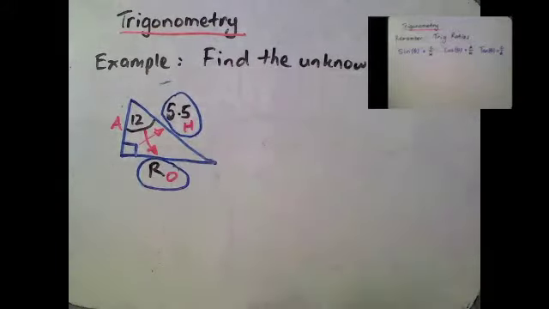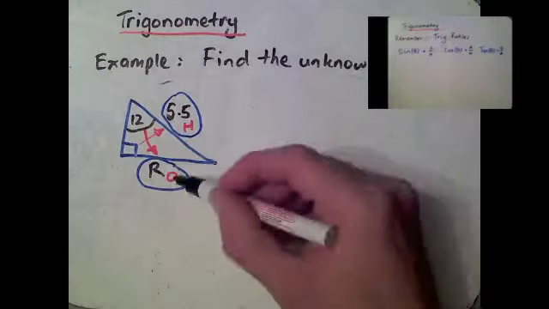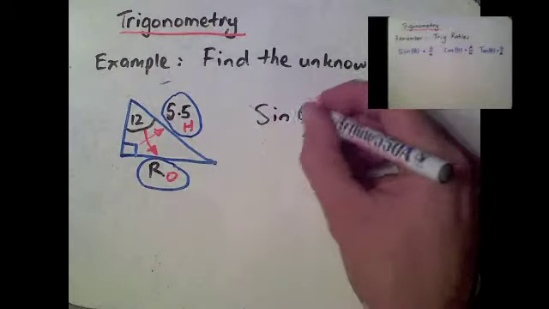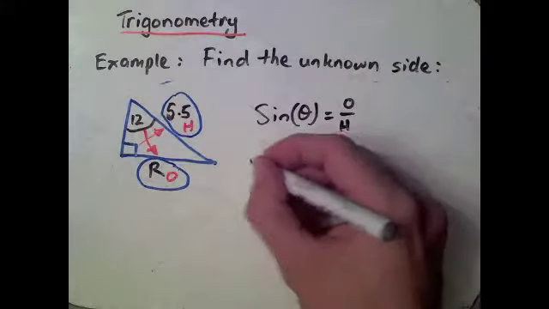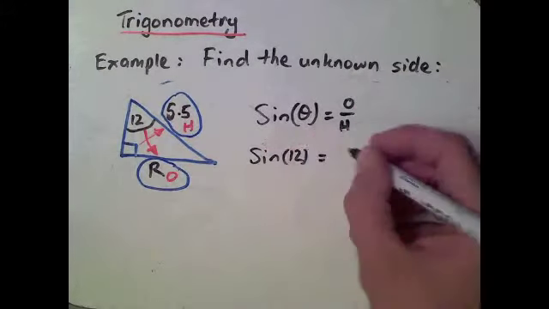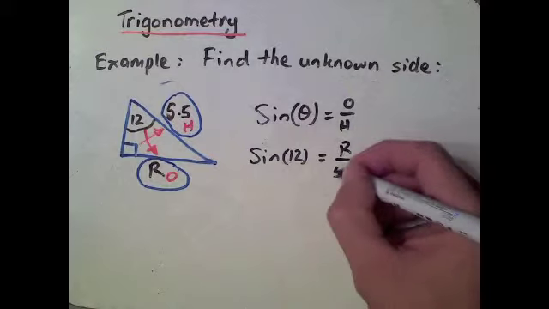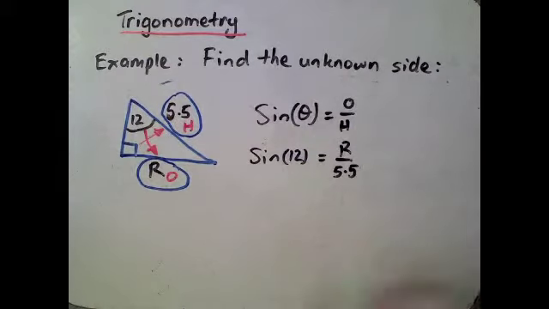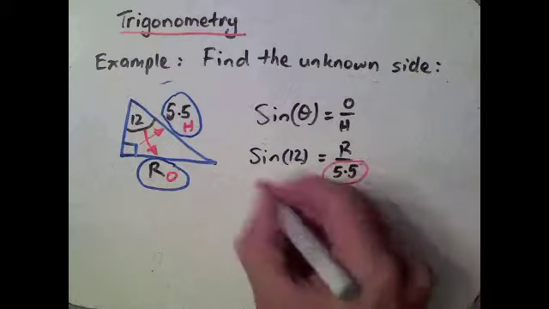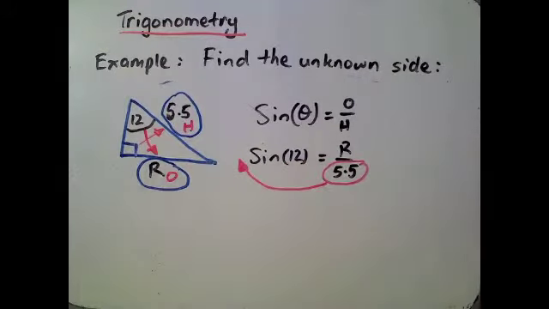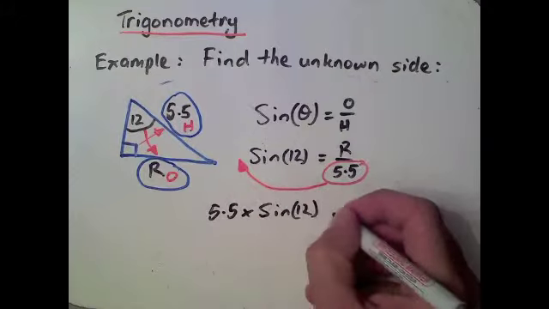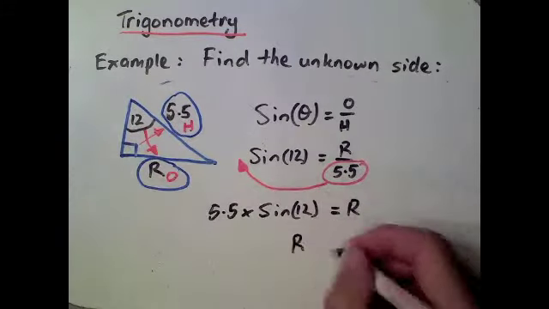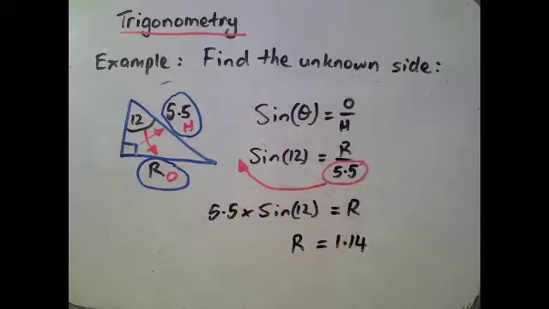We're using O and H, which again, we're looking at using the first trig ratio of sine, O over H. Substitute the values as sine of 12 is equal to R over 5.5. Alright, we're dividing by 5.5, so bring it on the other side, it becomes times by 5.5. We get 5.5 times sine of 12 is equal to R. Therefore we get R is equal to 1.14.